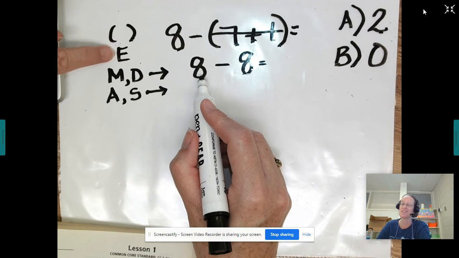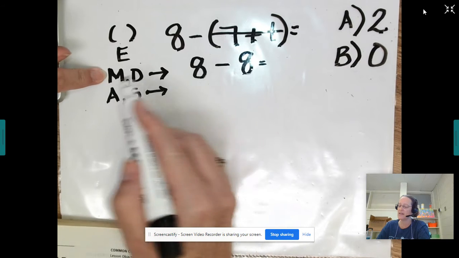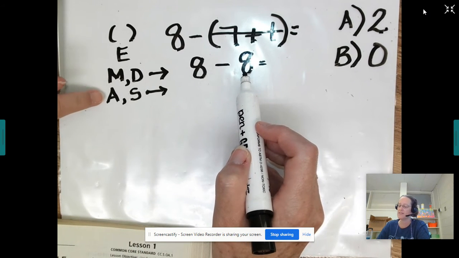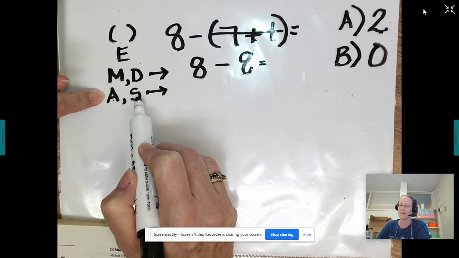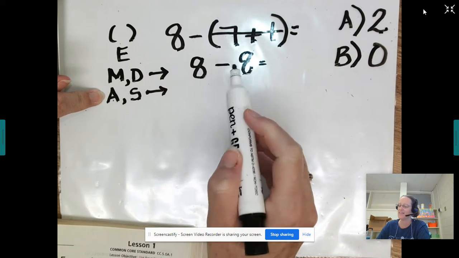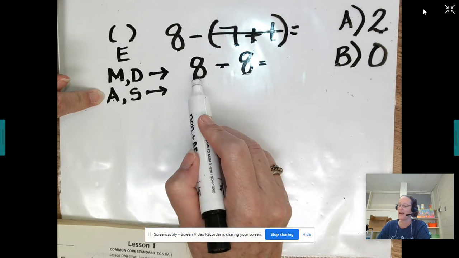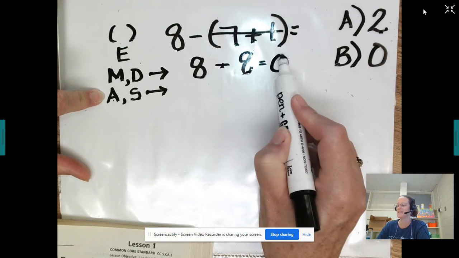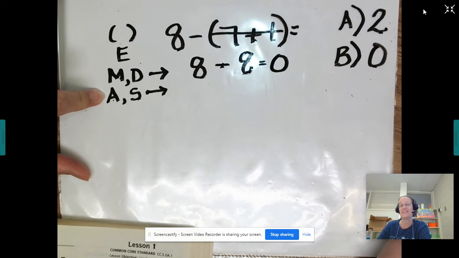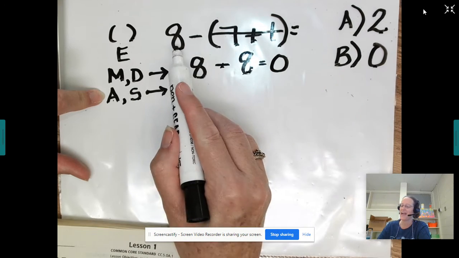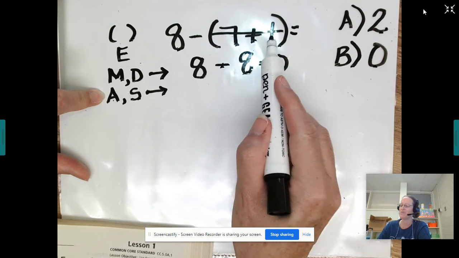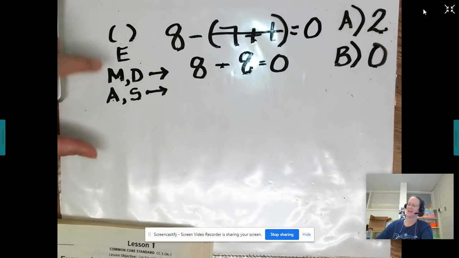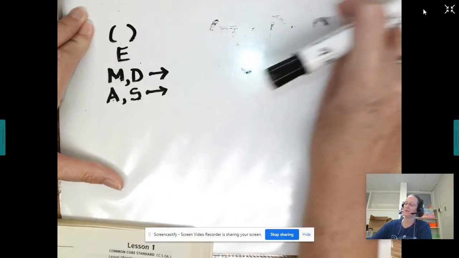No. Remember, that's 6th grade. Is there any multiplication or division? No. Is there any addition and subtraction? Yes, there is subtraction. So 8 minus 8 equals 0. 0 is the answer to 8 minus 7 plus 1. It equals 0. Let's try another one.